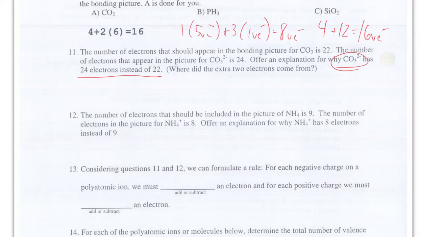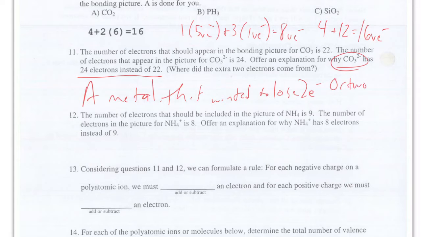Those 2 extra electrons probably came from a metal, right? They must have come from somewhere else, so probably a metal that wanted to lose 2 electrons, or 2 metals losing 1 each.